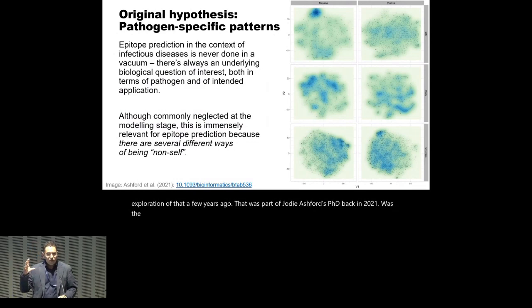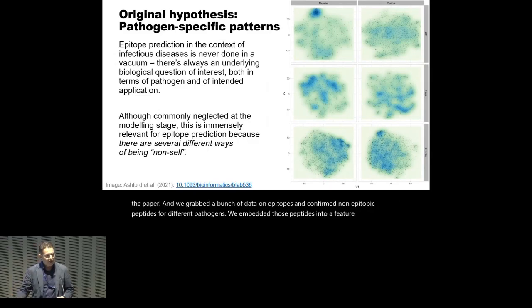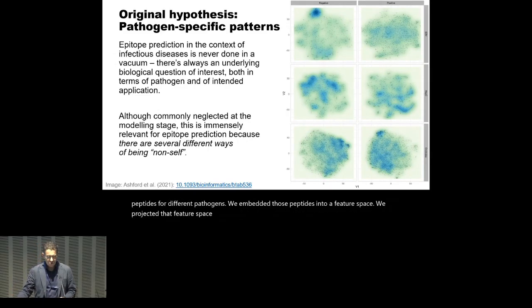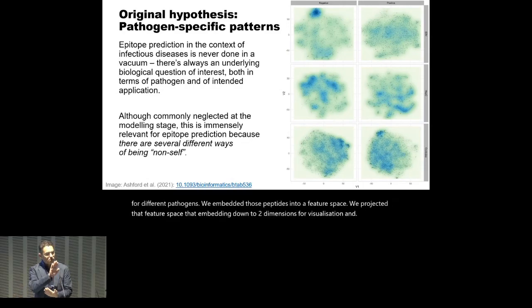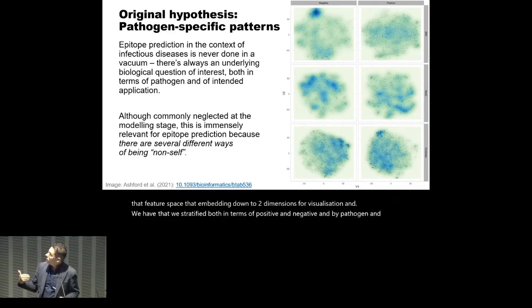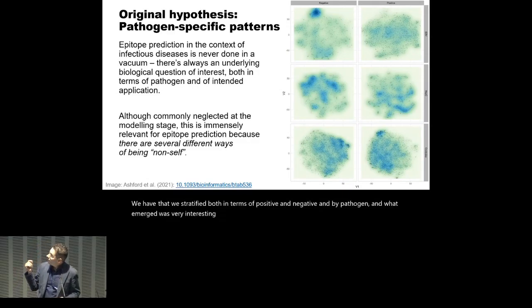We grabbed a bunch of data on epitopes and confirmed non-epitopic peptides for different pathogens. We embedded those peptides into a feature space. We projected that embedding down to 2 dimensions for visualization. And once we had that, we stratified both in terms of positive and negative and by pathogen. And what emerged was very interesting because it resonated with our underlying hypothesis.